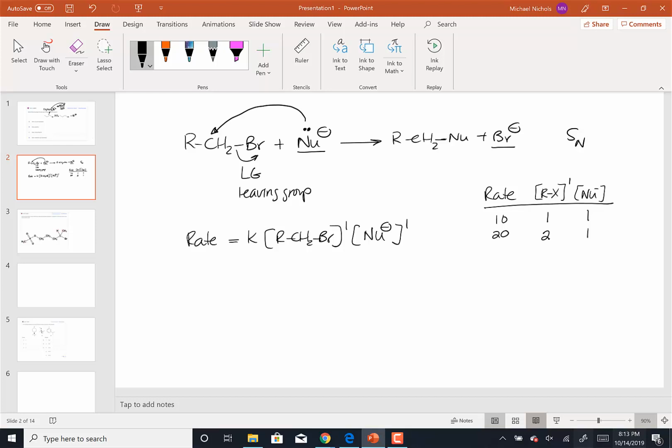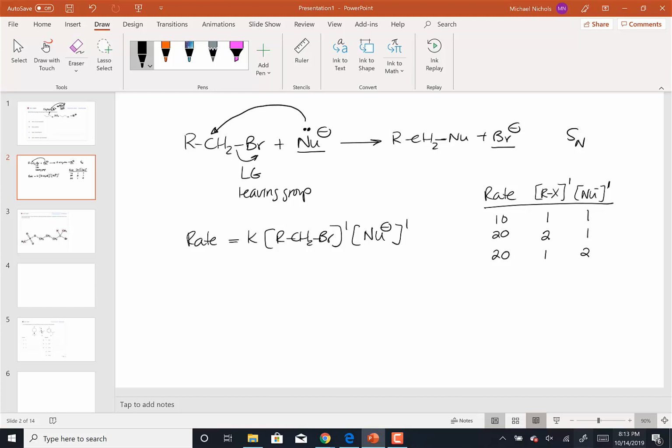Then what they did was they decided to double the concentration of the nucleophile, holding the concentration of the alkyl halide the same, and they found that the rate also doubled. And so that means mathematically that this rate equation would have the nucleophile to the first power.